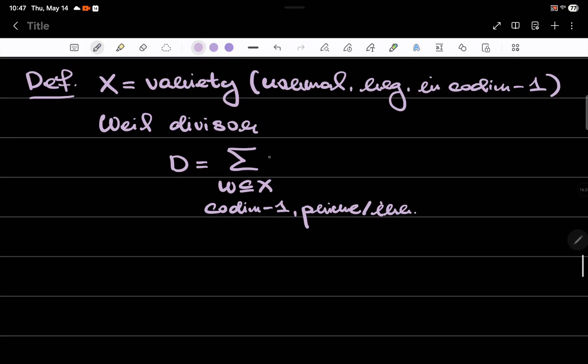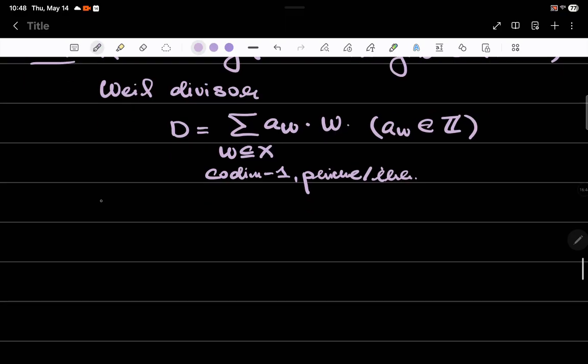Then this is a formal sum of the form a_W times W, where a_W are some coefficients, and there is finite support on the entries.